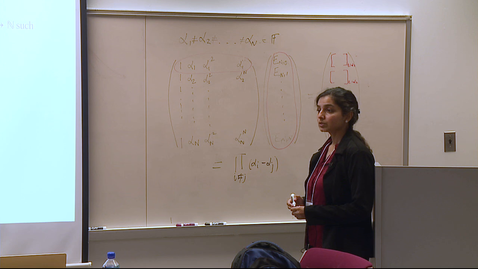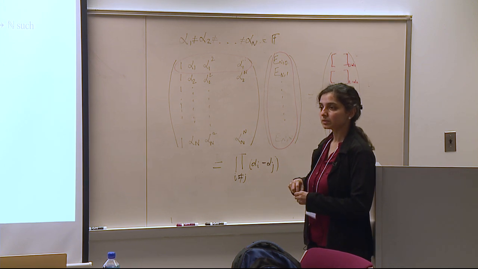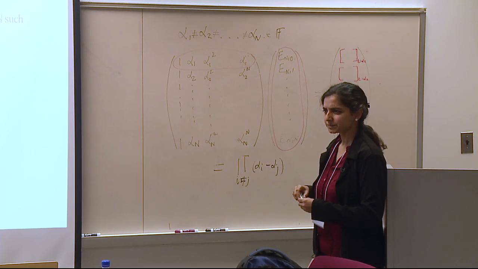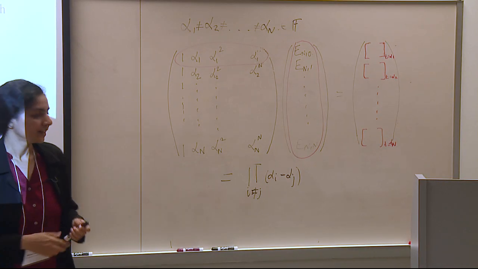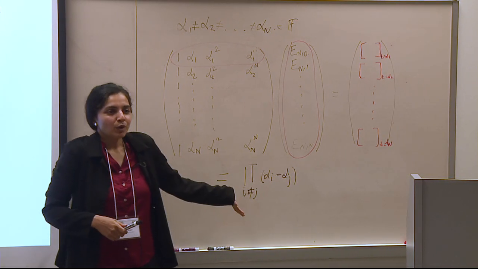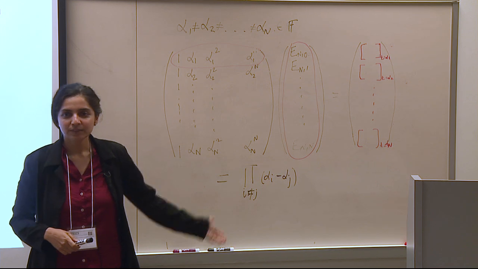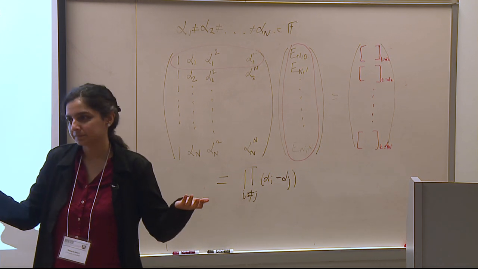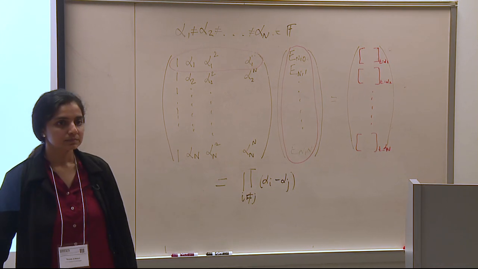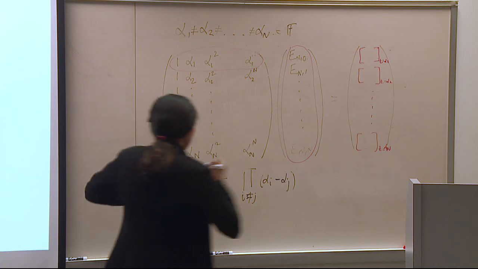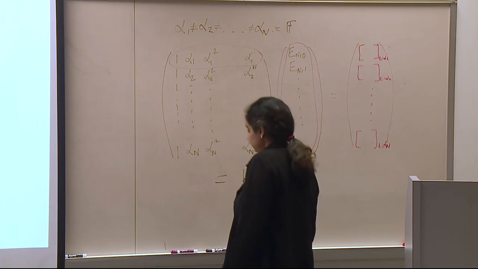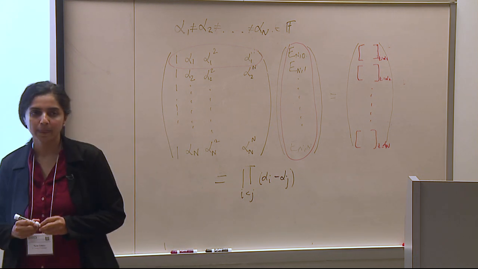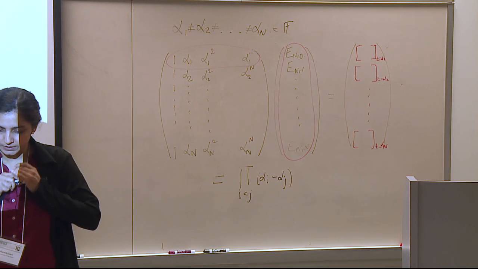Did I miss something? Maybe i less than j? I less than j, right? Yeah, I thought I was making some mistake here. Yeah, less than j. And this is a small formula, clearly. So its determinant has a small formula.